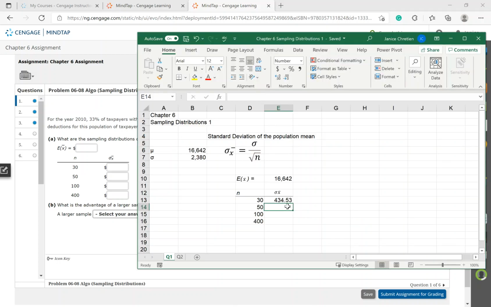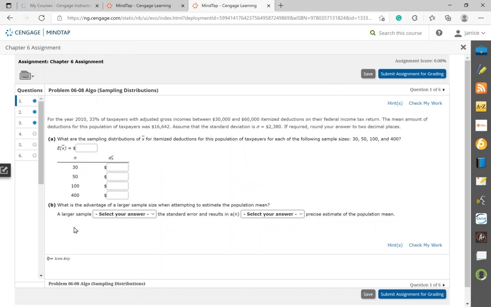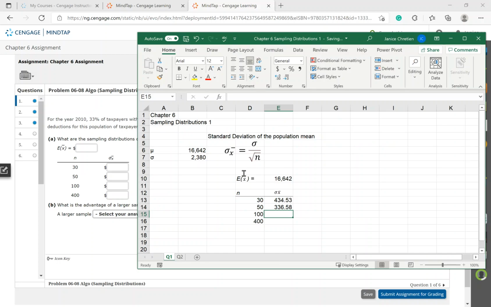So again, I can work these problems down the page and say, okay, so for 50, it's my standard deviation divided by the square root of my population, or I'm sorry, my sample. Small n is sample, big N is population. So again, I would work these two problems the same way, and then it's just going to ask me what happens when the sample size gets larger. And so I'm going to leave that one for you to answer, because you can figure that one out.